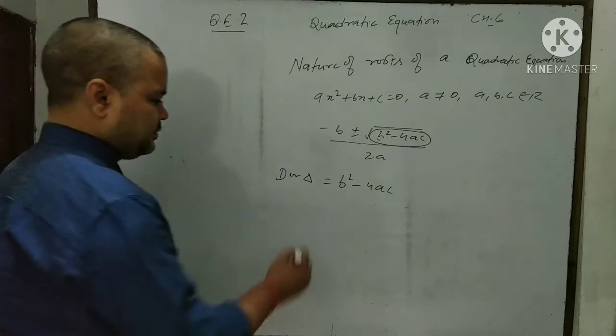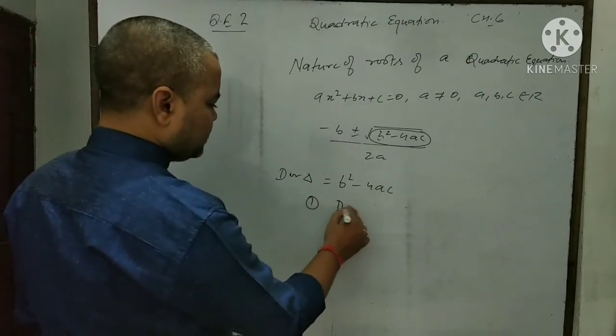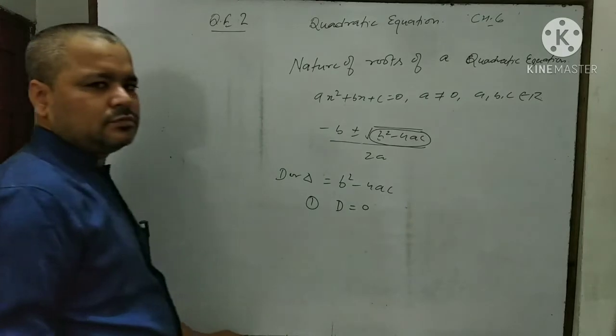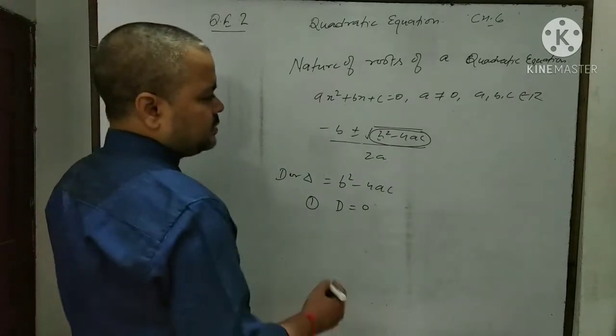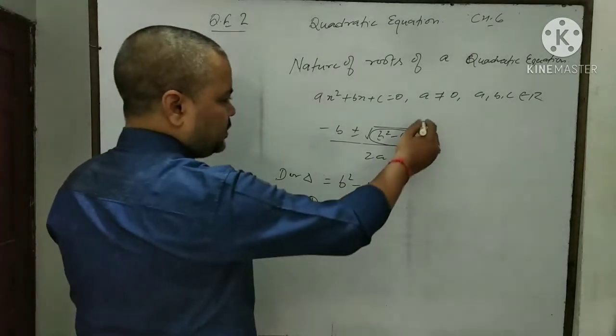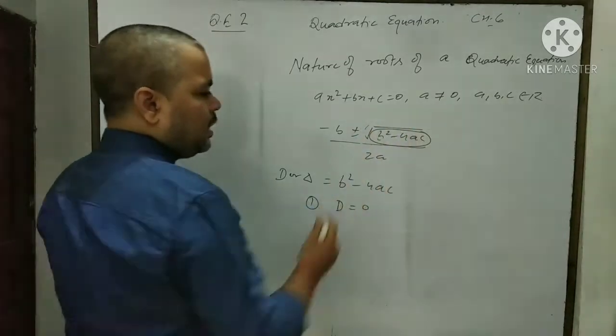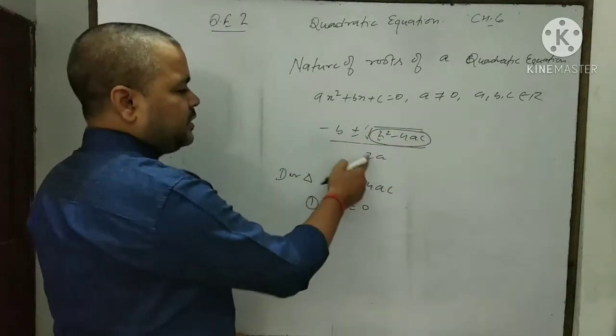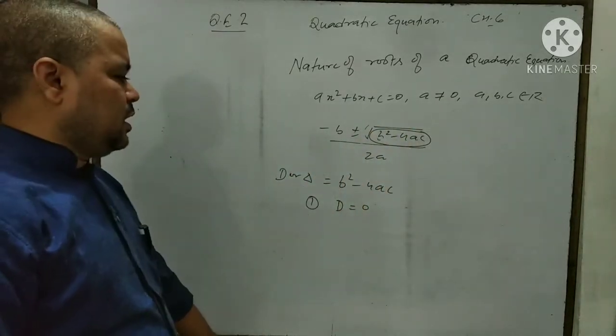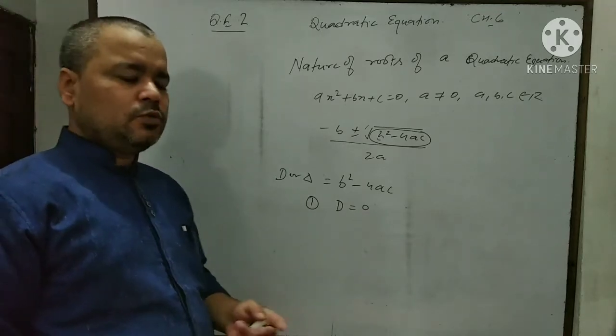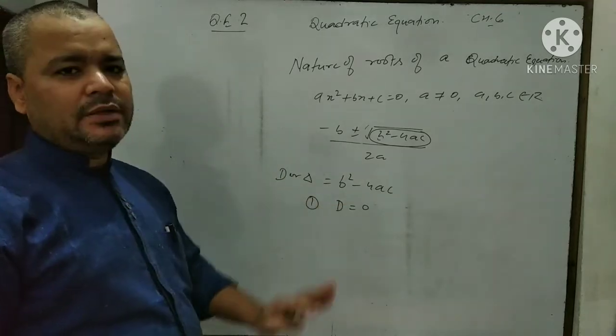The first case: if the value of the discriminant is equal to 0, then the square root value will be 0 and it will be only minus b by 2a. Both the roots will be the same, minus b by 2a.